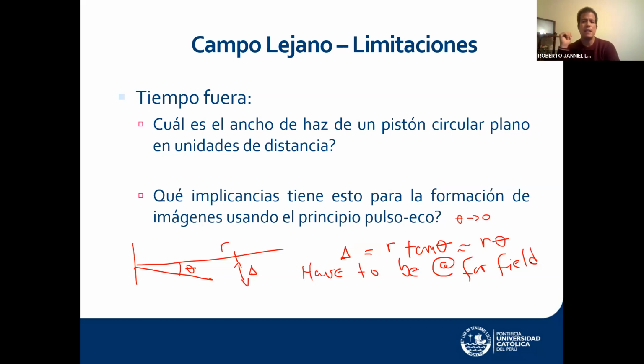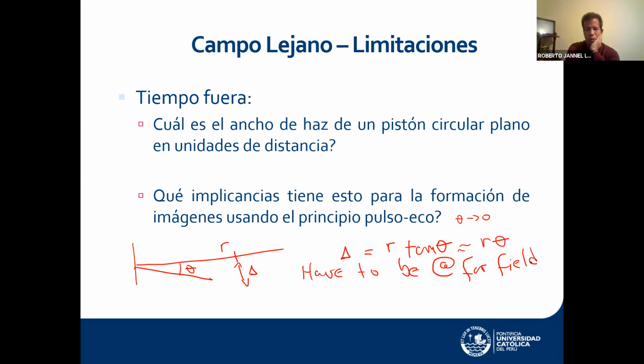And very inconveniently, if you double the size of your transducer, you reduce the beam width by half, but you increase the distance that you have to go to by a factor of 2, which ends up giving you exactly the same beam width that you would have had before, which is very, very inconvenient.